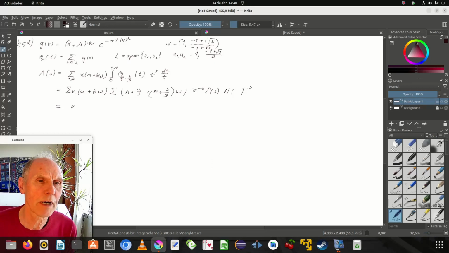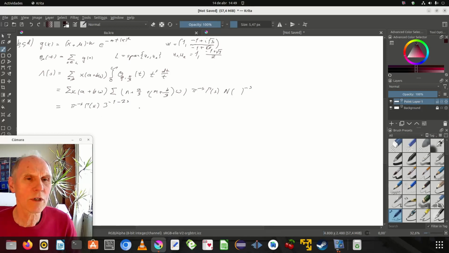Meaning we get pi to minus s gamma of s, and then 3 to minus first, and here we get a factor 2s, and then what comes out, I believe you can see it, is just the L function of chi, s.